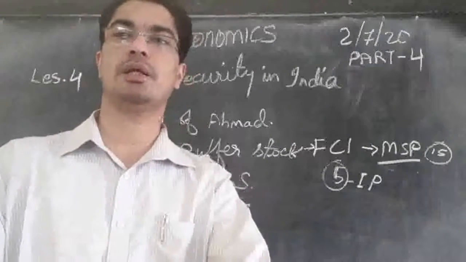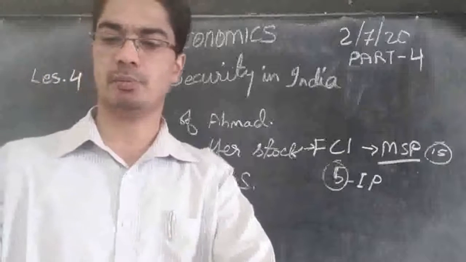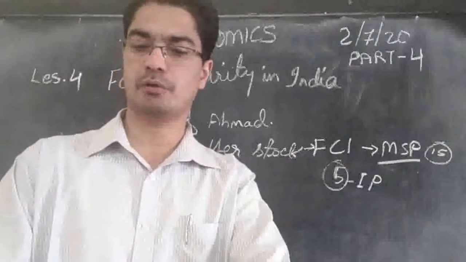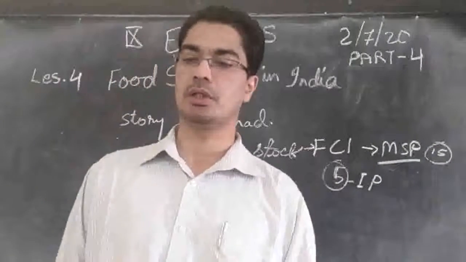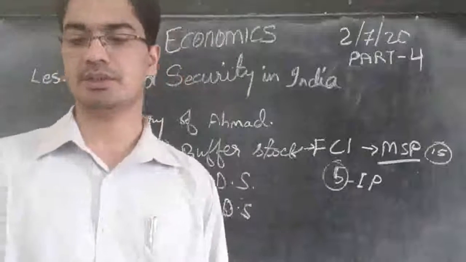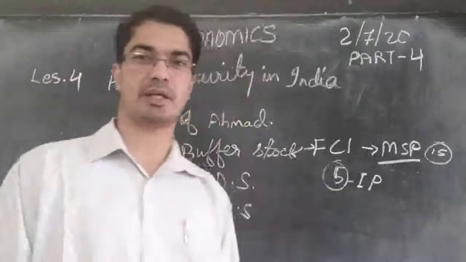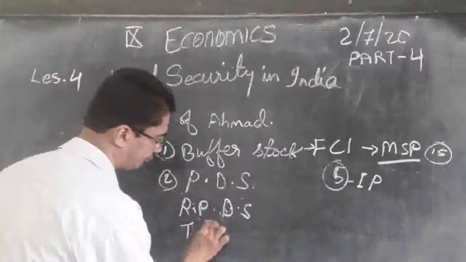And from June 1997, in a renewed attempt, the targeted public distribution system was introduced to adopt the principle of targeting the poor in all areas. So after 5 years, the government changed this system again and made a little more improvement and called it by another name, targeted public distribution system.